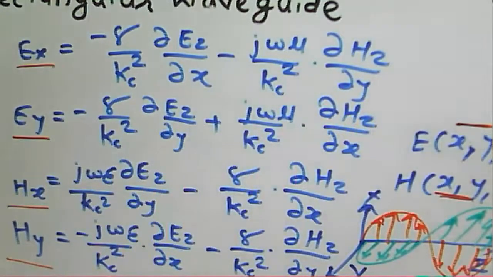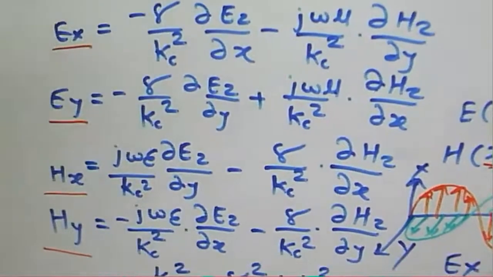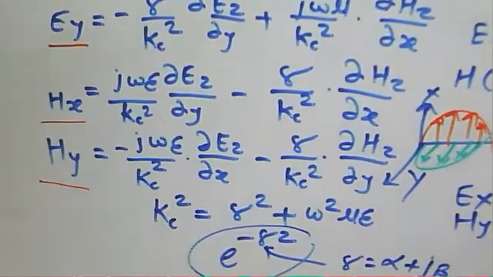The wave propagating through the rectangular waveguide has a longitudinal component. A longitudinal component means it is along the direction of propagation of the wave.